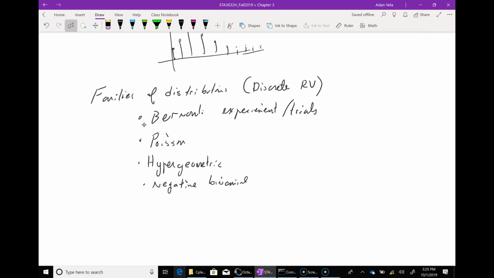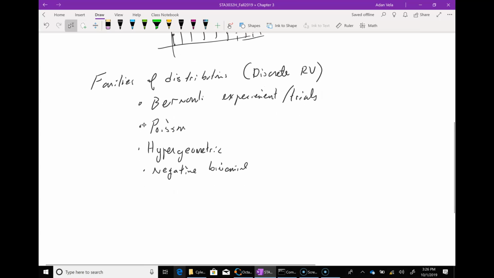to them. Okay. So for Bernoulli random variables, we'll say something like x has the probability distribution of a Bernoulli defined by some parameter p.